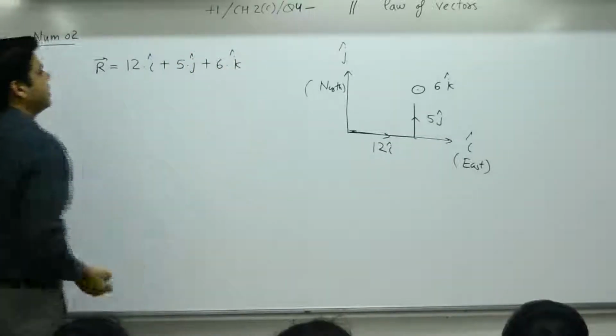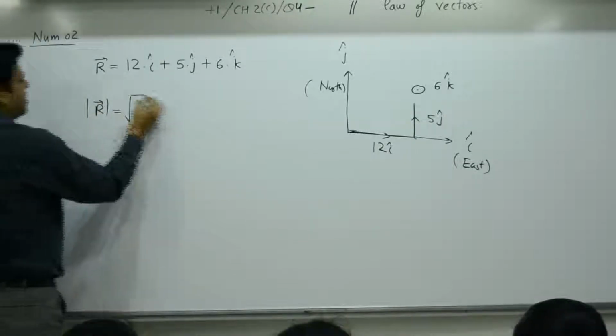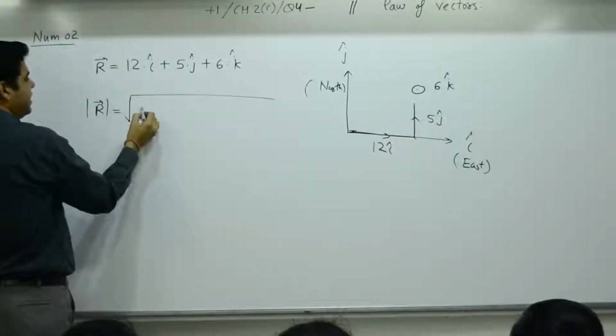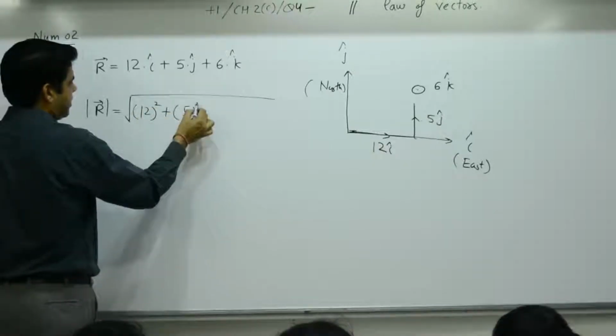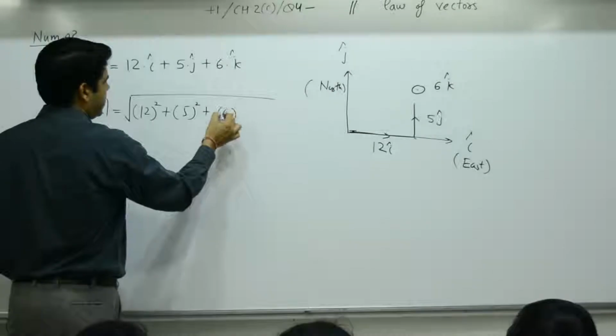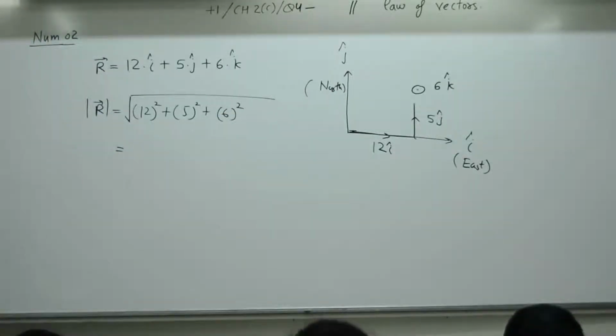How do you find the magnitude of the same? Under root of component of I square plus component of J square plus component of K square is equal to under root of what? It is under root of what?